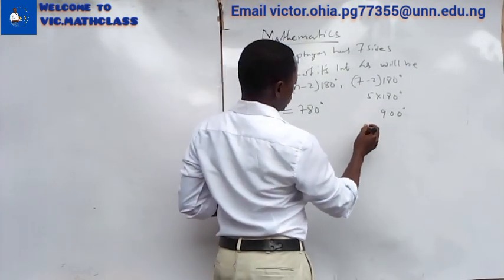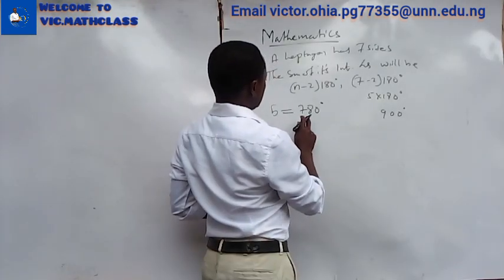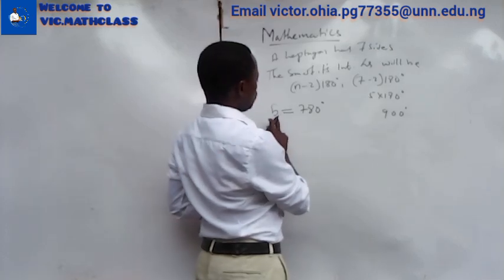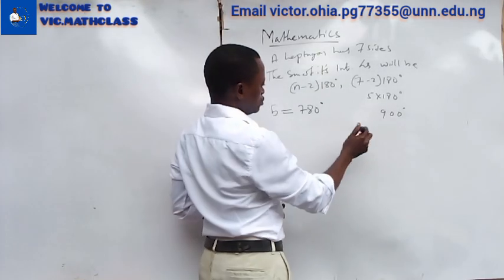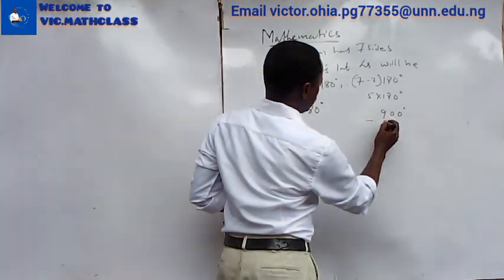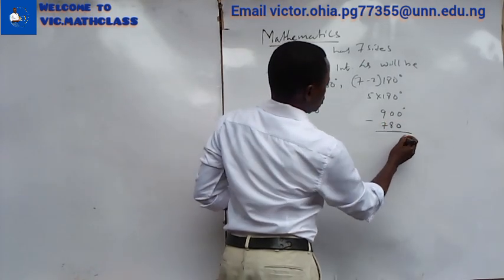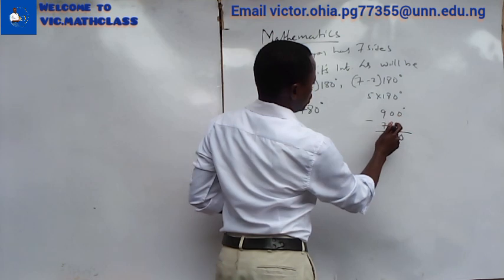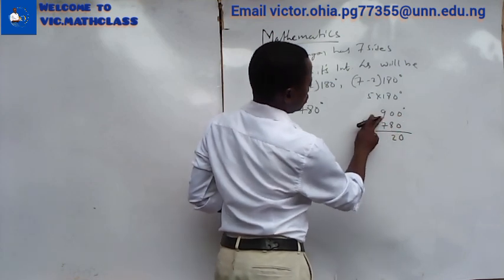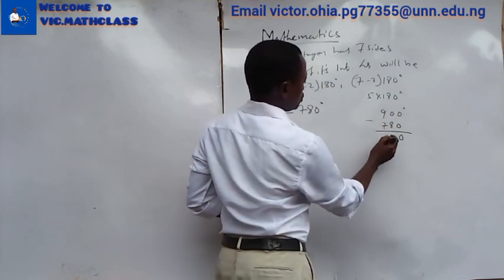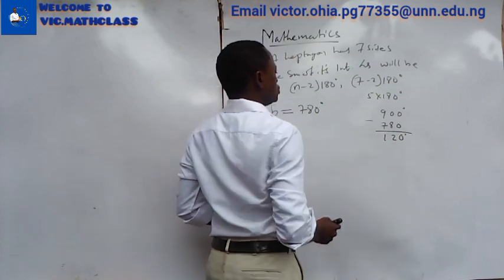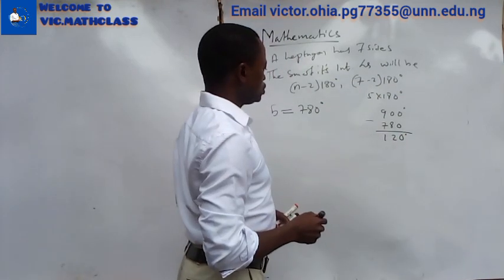Obviously, what you do here is you remove this sum coming from 5 of the angles. Remove it from here. So we have 900 minus 780 degrees. So this is 0, 2 here, this is 2, this is remaining 8 minus this 1. So the other remaining 2 is 120 degrees.